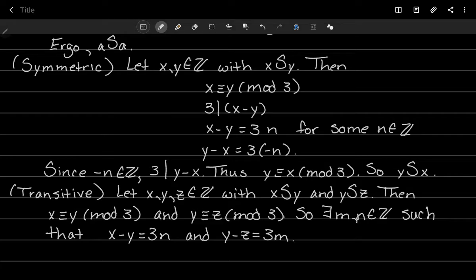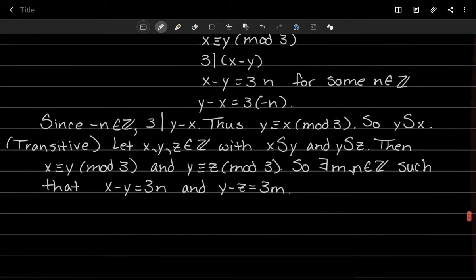Notice here I skipped over the steps '3 divides x minus y' and '3 divides y minus z'. It just depends on your teacher as to how many steps you can skip, but it gets a little redundant to keep saying that over and over, so I skipped that step.